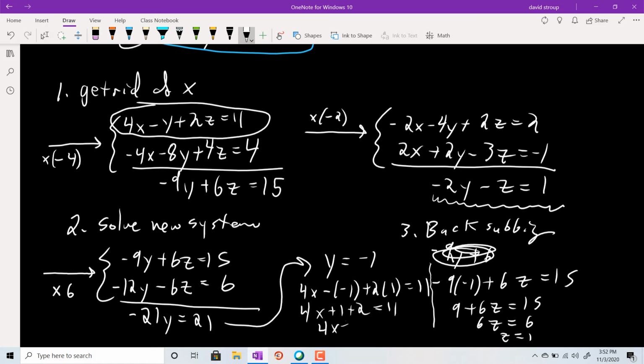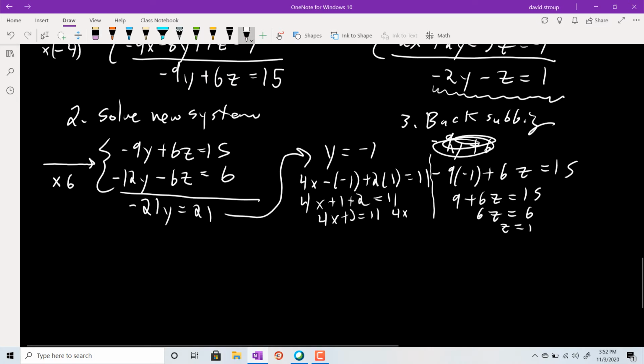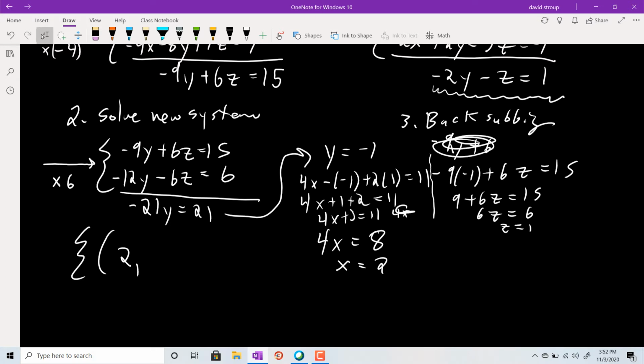So 4x plus 3 equals 11. So then I have 4x equals 8, and then x equals 2. Okay, so our final solution: 2, negative 1, and then 1.